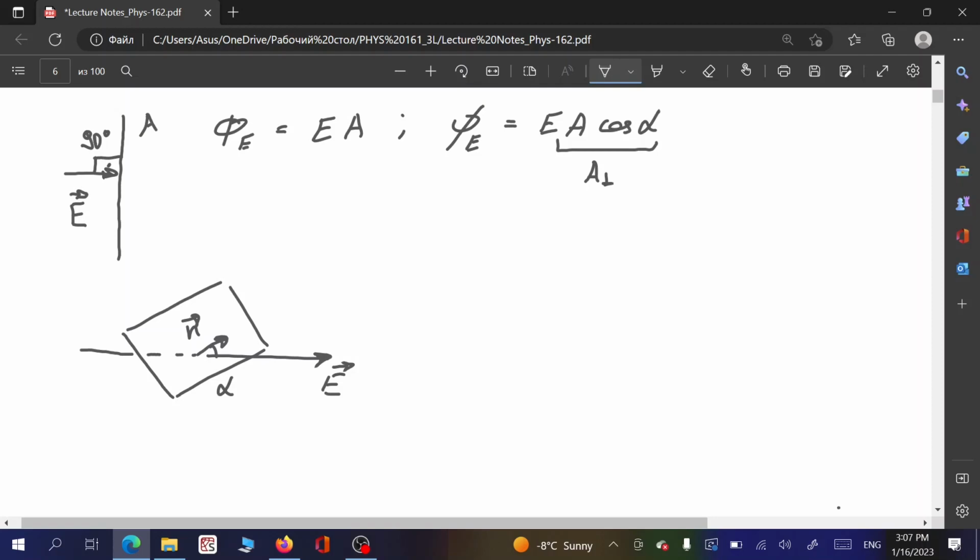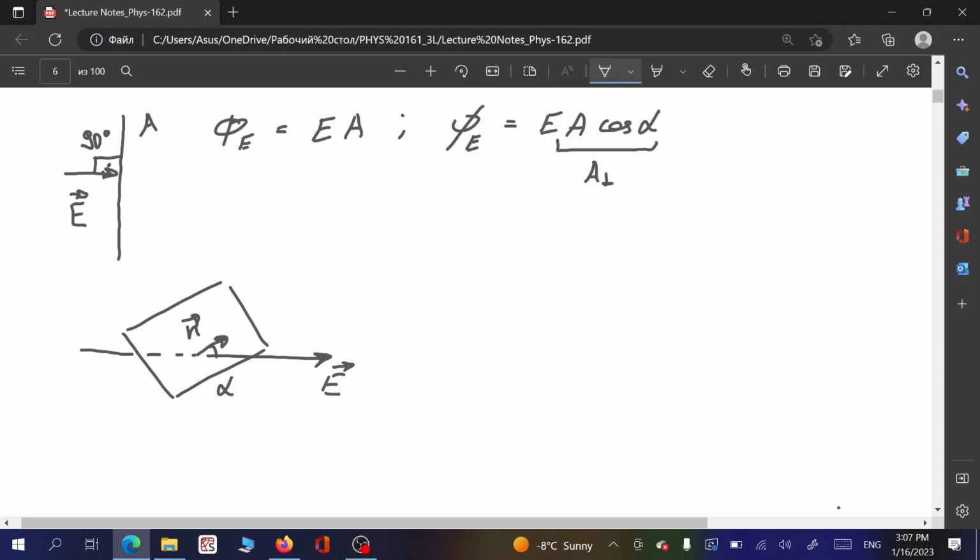However, the thing is that electric field is not always uniform. So we need to take into account that the magnitude and also the orientation of the electric field vector may change from point to point within this surface where we want to determine electric field flux. So the usual approach to deal with this is to divide this surface into very small elements and consider electric field flux through each of them.